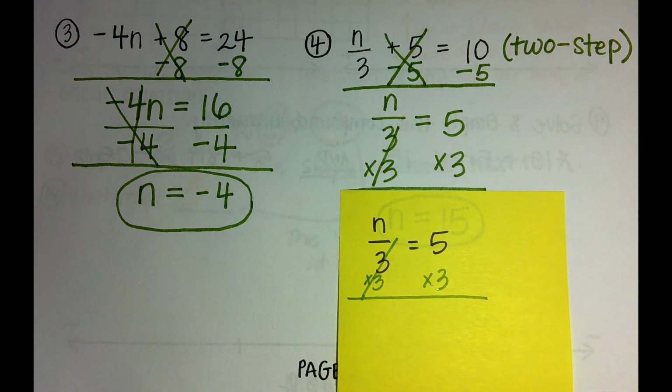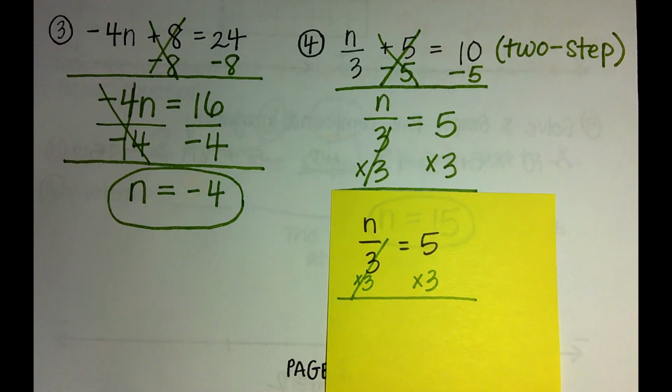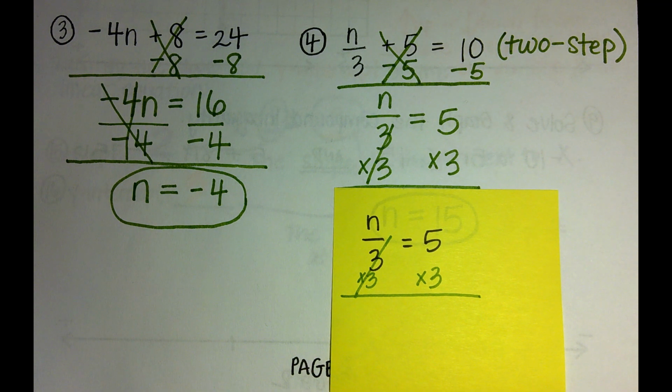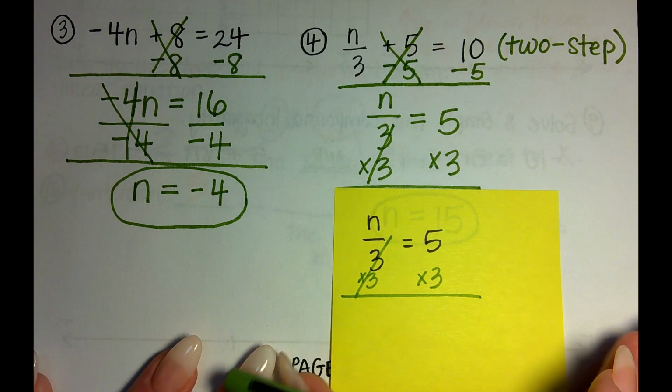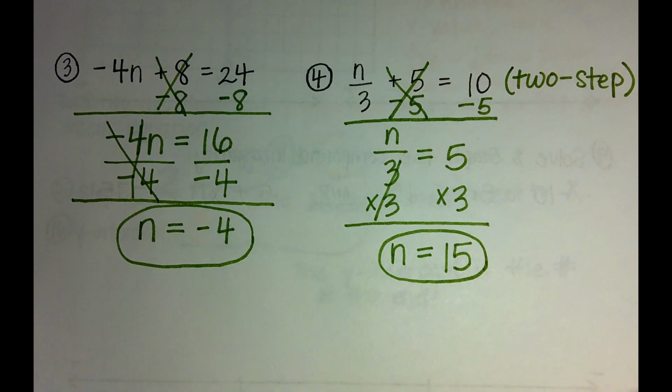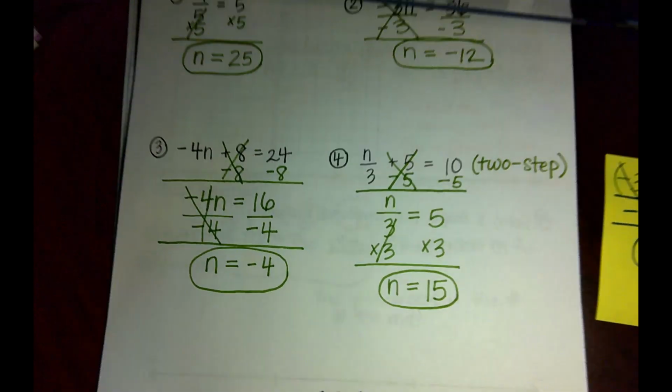Because that way, we don't accidentally go back and do n over 9, which is super easy to get mixed up on. So maybe just try, as soon as you write it, cross it off immediately, and then write it on the other side. That might help us remember not to actually use it. Okay. Do we have any questions on the first page?